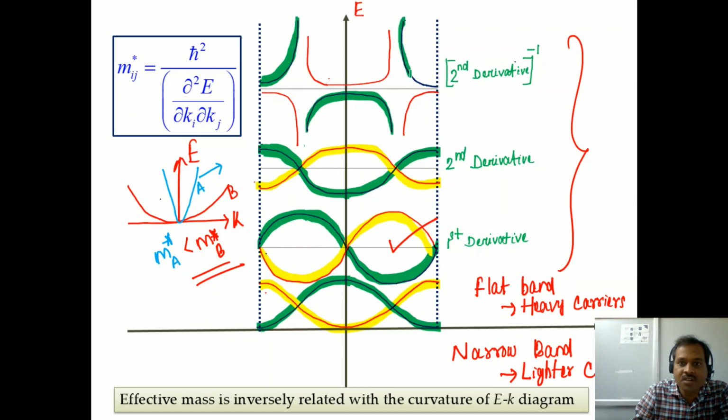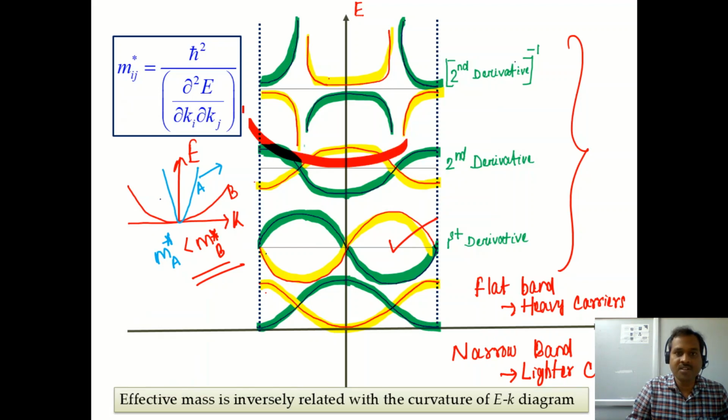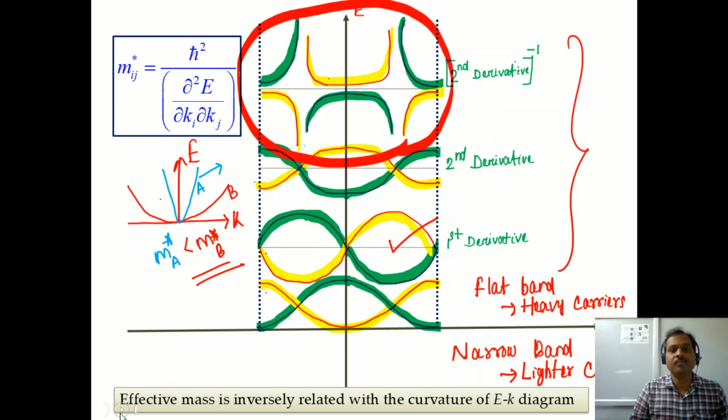Similarly on the other side, for the other band also the same case, asymptotically it will be negative, then like this. So this is how the effective mass is linked with the E versus K diagram.